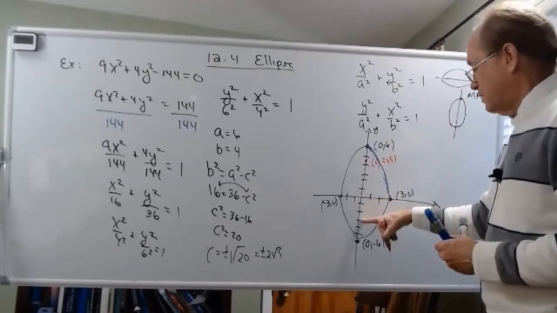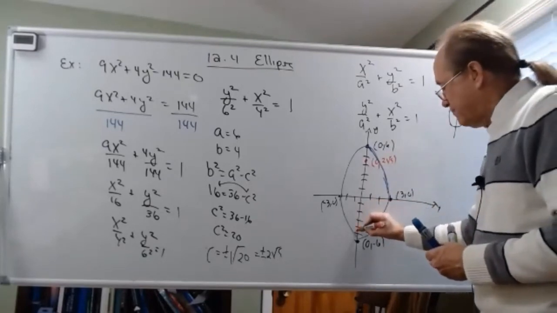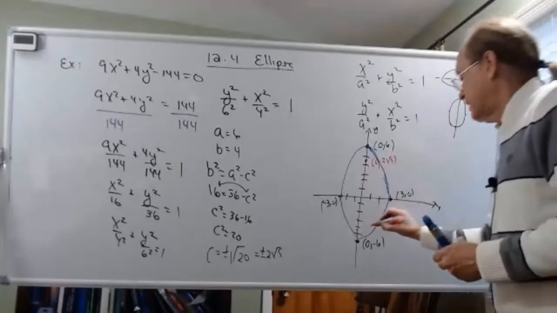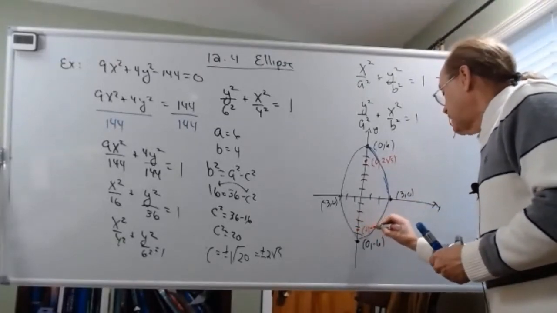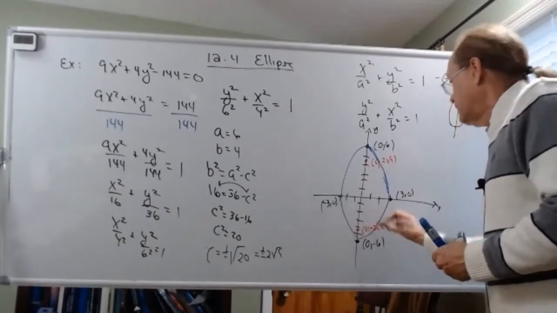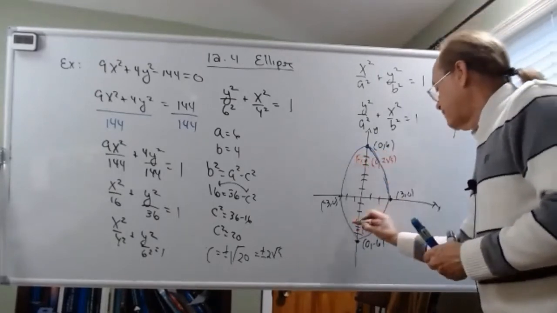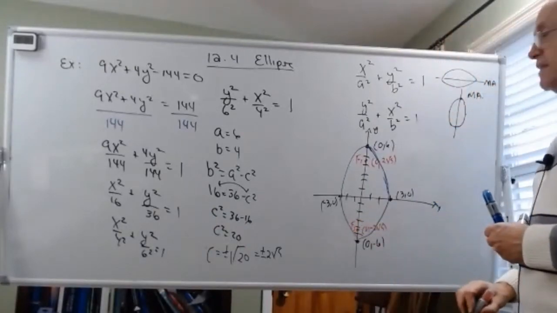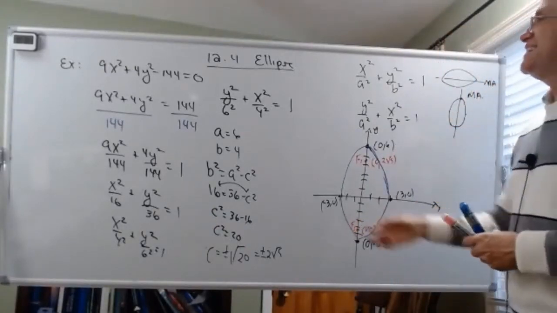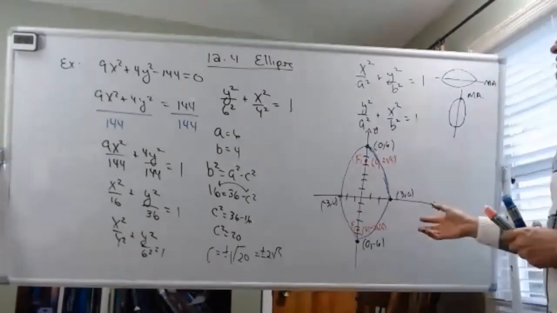And I go 1, 2, 3, 4 and a half, 4.47 to be a little more precise. And that gives me 0, comma, minus 2 square roots of 5. It doesn't matter which I call which: that one's focus 1, and there's my focus 2. And that's how I analyze this particular ellipse.